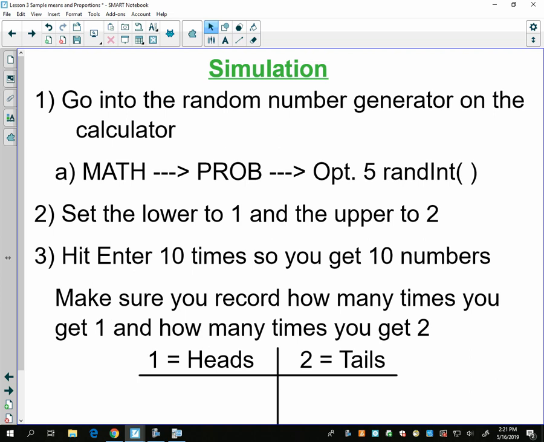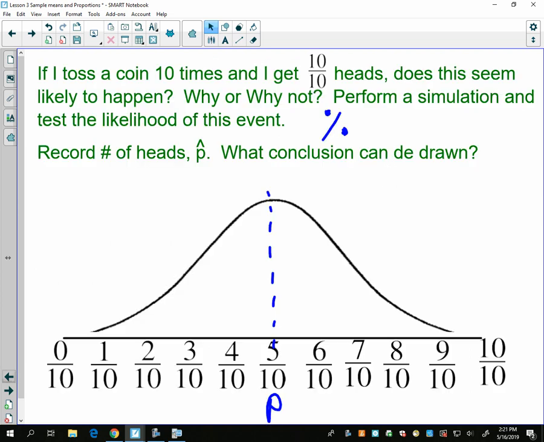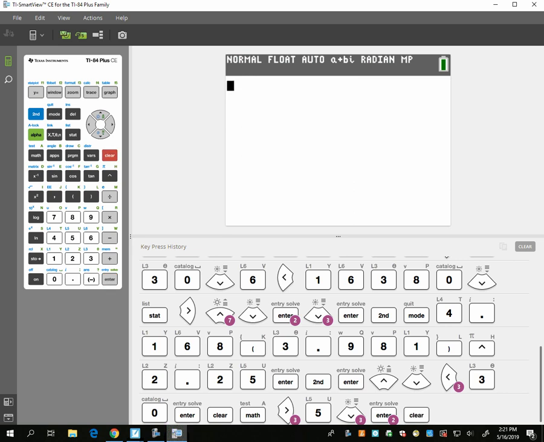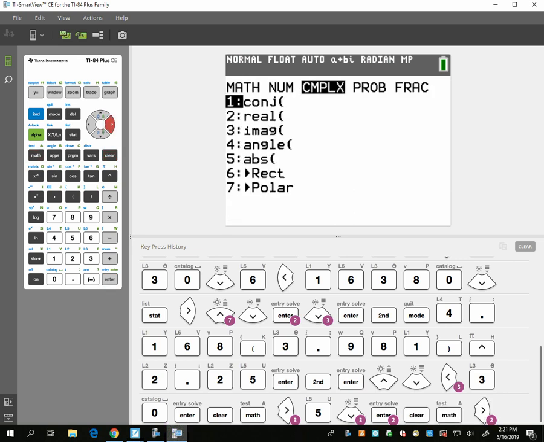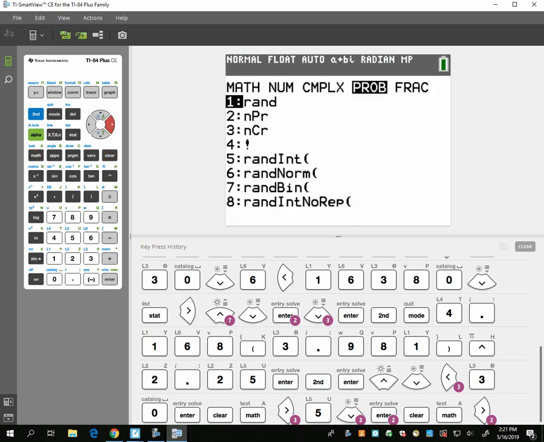I didn't hit enter 10 times. I just did 10. If you just say output 10 numbers, then you don't have to hit enter 10 times. All right. So there's my p hat. We're going around the room. Look. Math. I'll do another one, and I'll record another p hat.